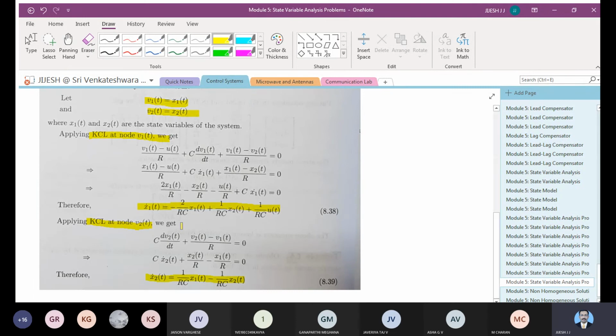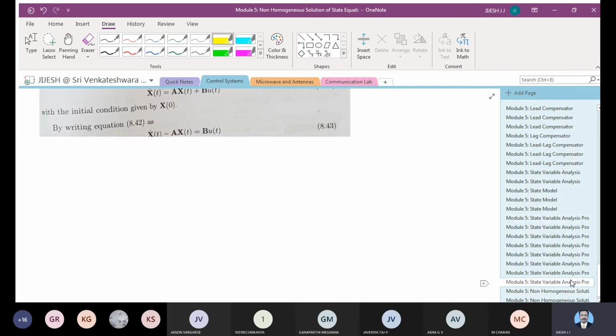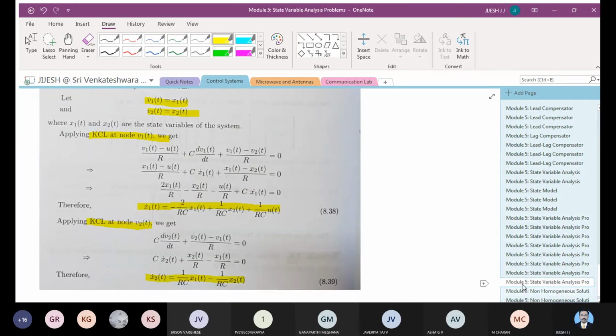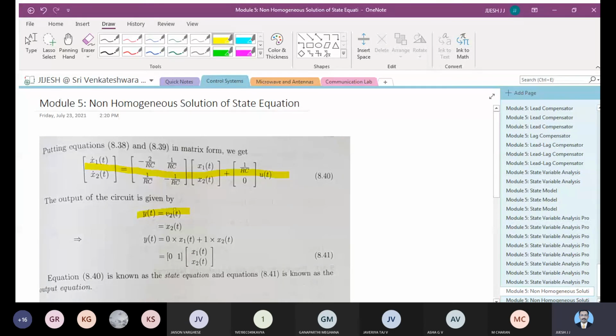Now you can convert these into matrix form, and I get it in this form. I also need the output. Looking at the figure, the output is y of t, which I write as V2 of t.